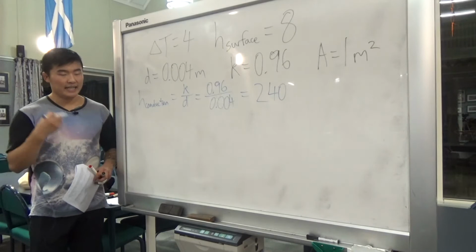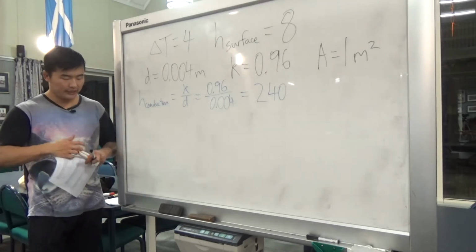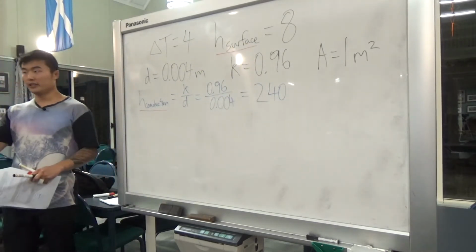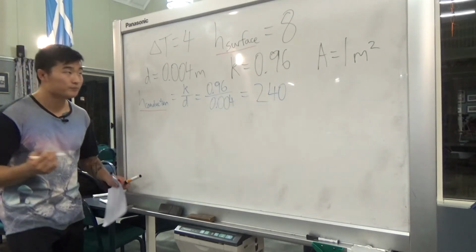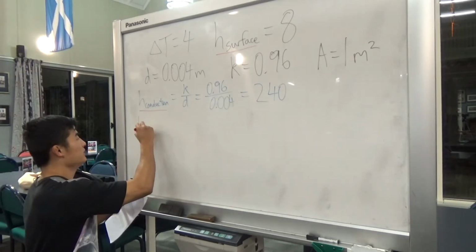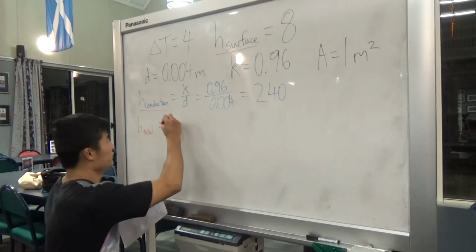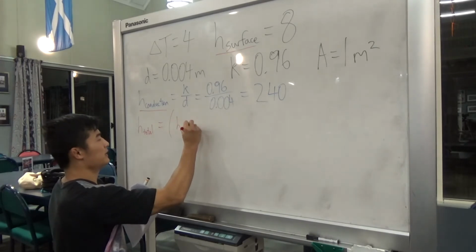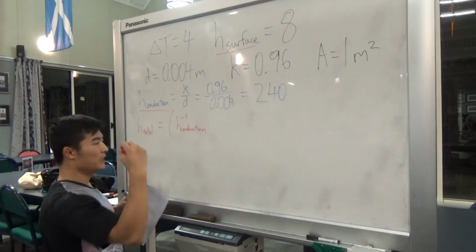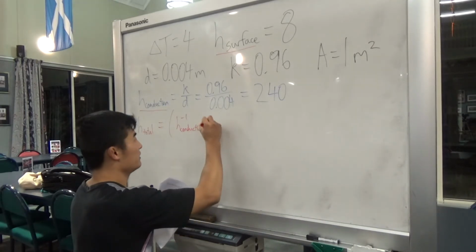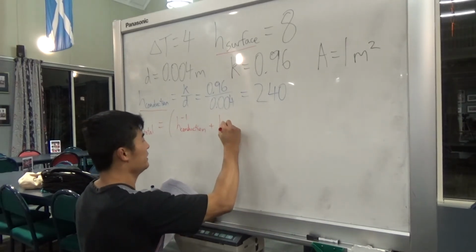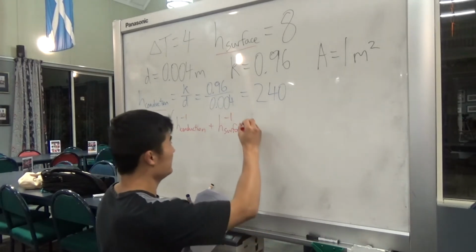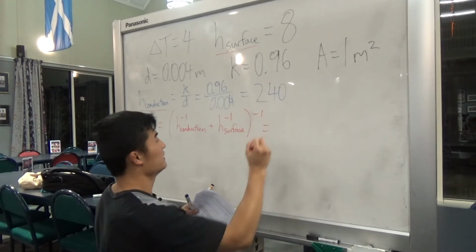Okay, so now we have the H of conduction, and we have the H of surface. So you need to put them together to get your H total. So H total is equal to 1 over H of conduction, so I just write it like H to the power of -1, plus 1 over the H of surface, so that's to the power of -1, and all of that to the power of -1.